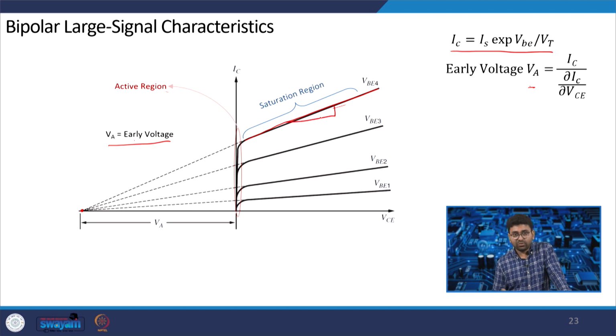This slope provides the output impedance when you are working in this region. This is the large signal characteristic you have already studied in your basic course.